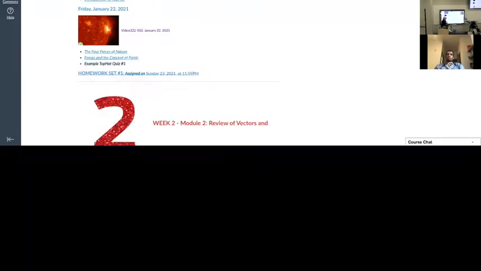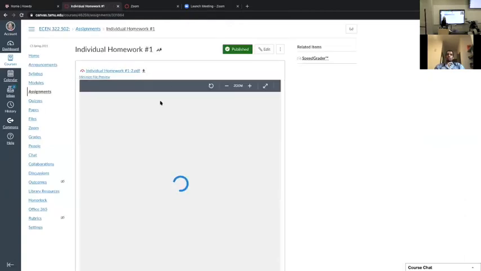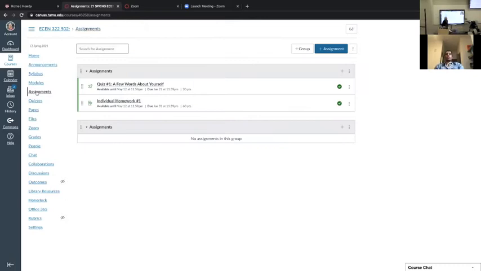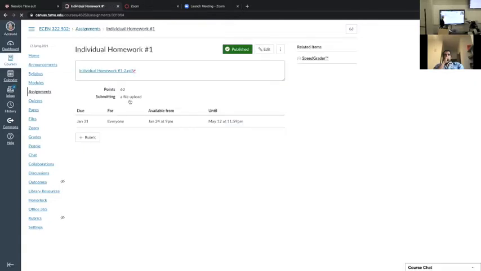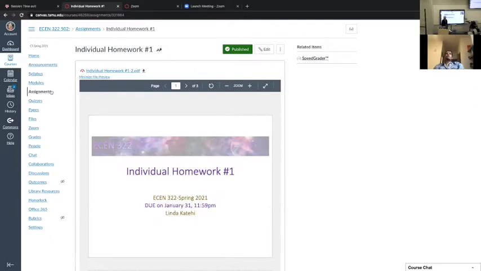If you click here, it takes you directly to the individual homework. So you can do it from there, or you can go to your assignments, and in assignments you will see individual homework 1. Then you can click there and it will give you that. All right, so there are 2 different places.